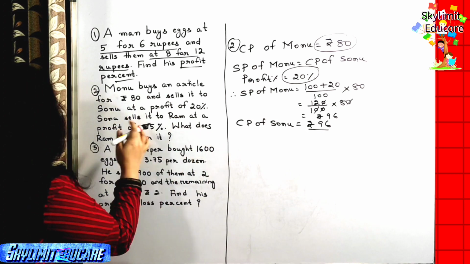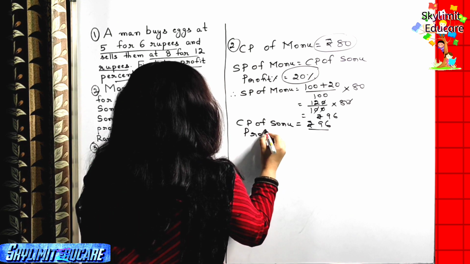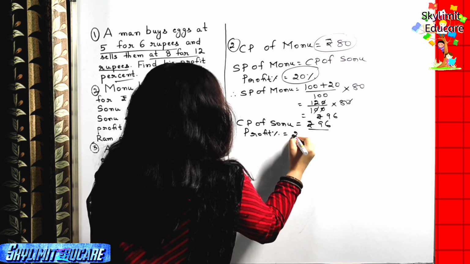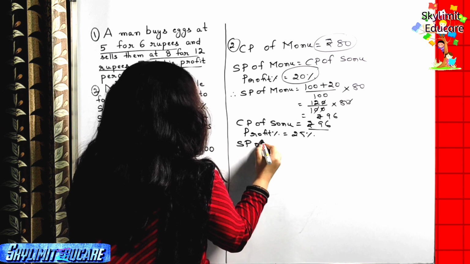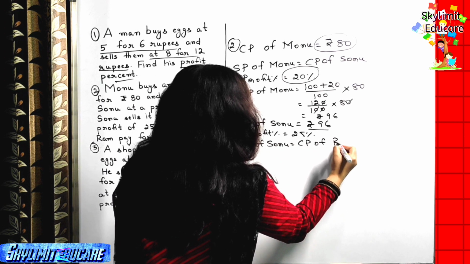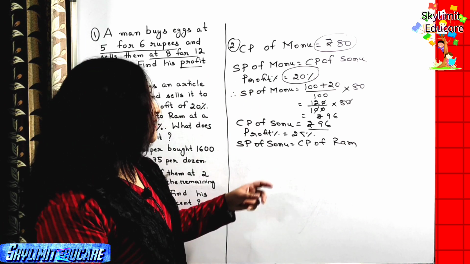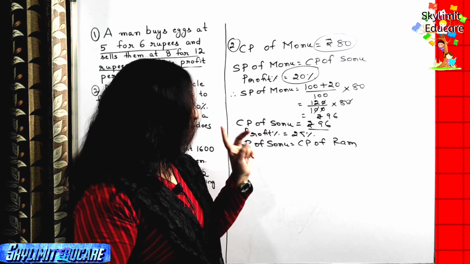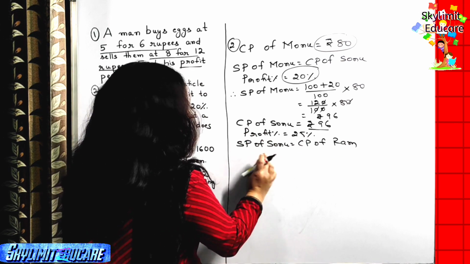Sonu sells it to Ram at a profit of 25%. That means the profit percent at which Sonu sells is 25%. And we can say here that the selling price of Sonu will be the cost price of Ram. Yes, whatever price Sonu sells the article to Ram, that will be the cost price of Ram.